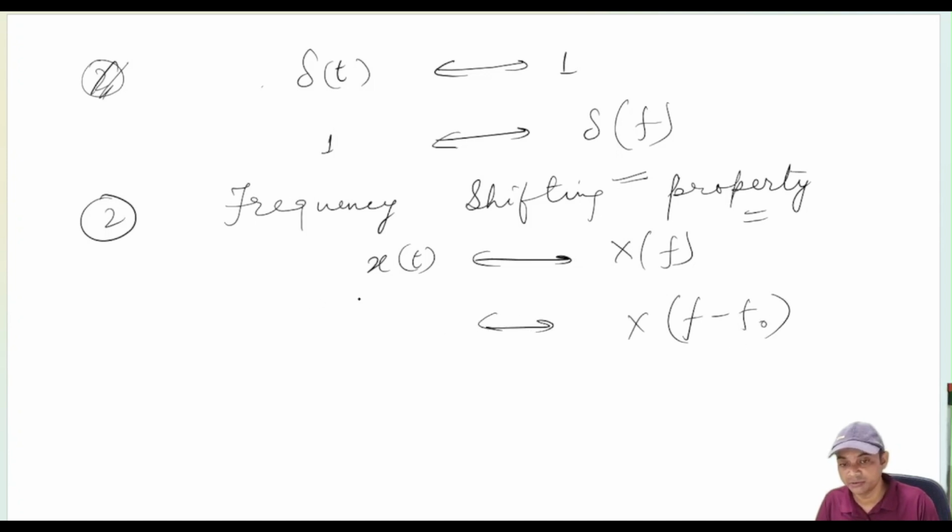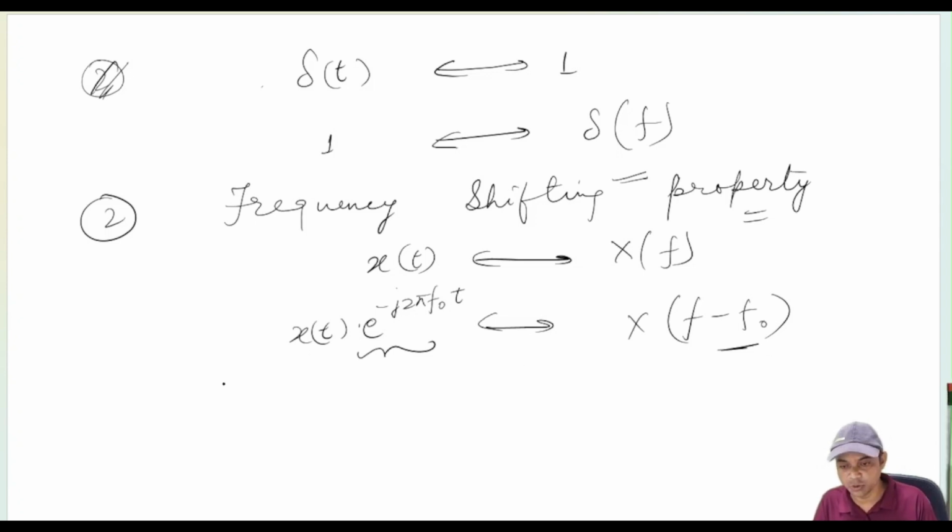We have to multiply the time domain signal xt by the exponential e to the power minus j 2 pi f naught t. We have to multiply by an exponential signal, then we will find a shift in the frequency domain by f naught.